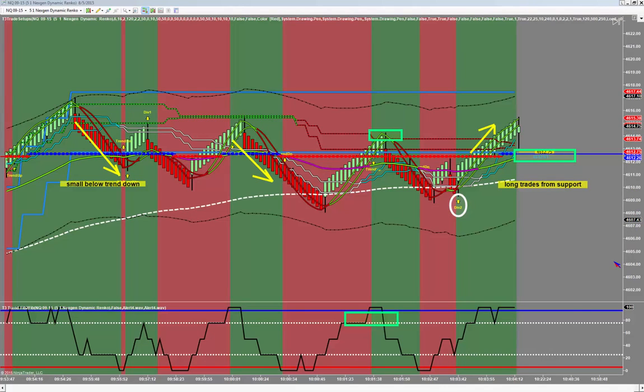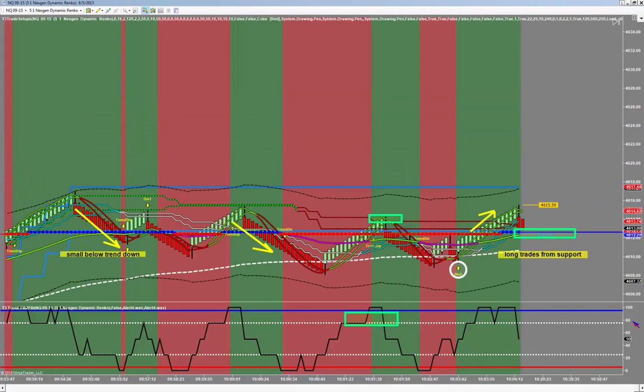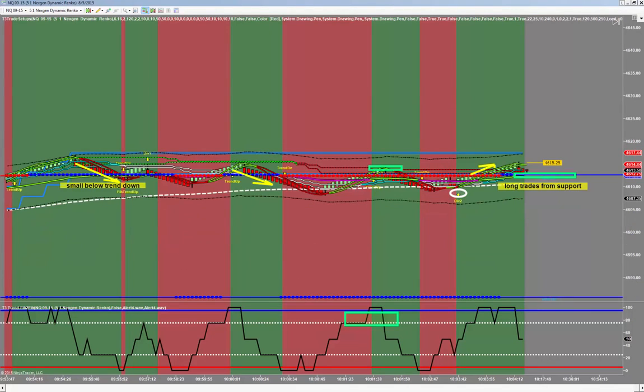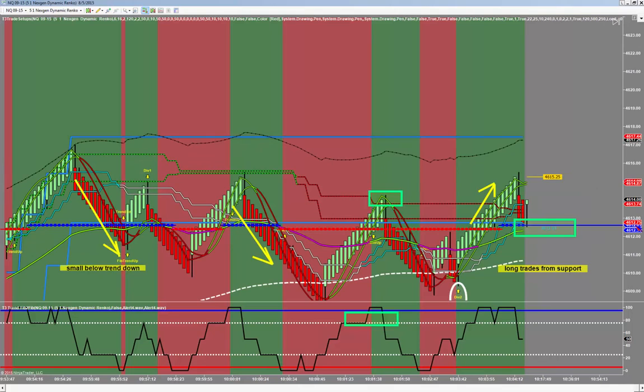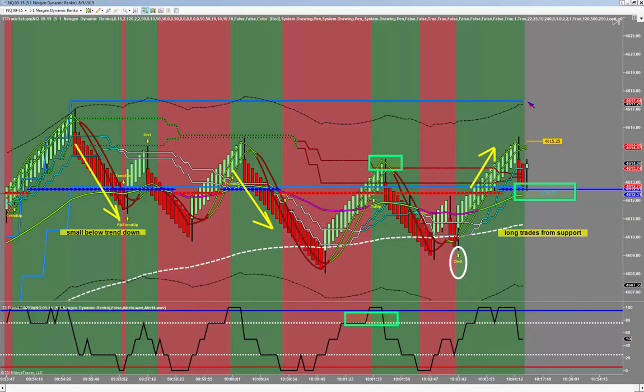As we start looking forward, assuming that we go up, I don't even know where my next fib resistance is. It's up there. So we use outer bands and trigger lines as first target areas anyway.